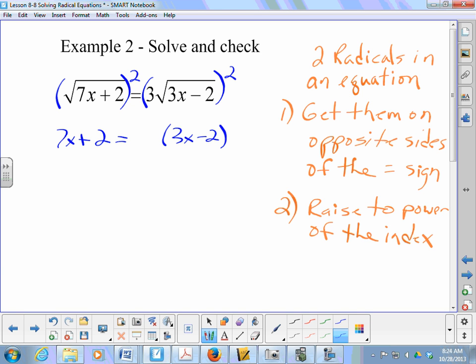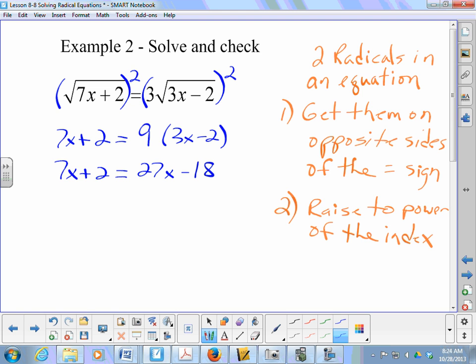But what do I have to do with the 3? Yep, you have to square the 3. And so it becomes 9 times that quantity. It's 9 times the quantity. So we have to distribute the 9 before we can solve the equation then.